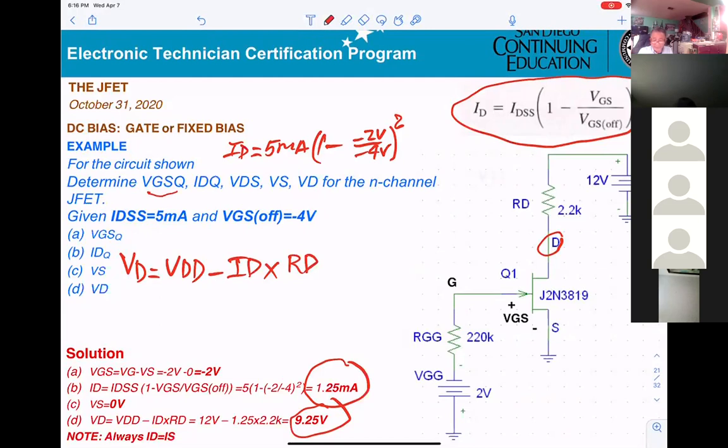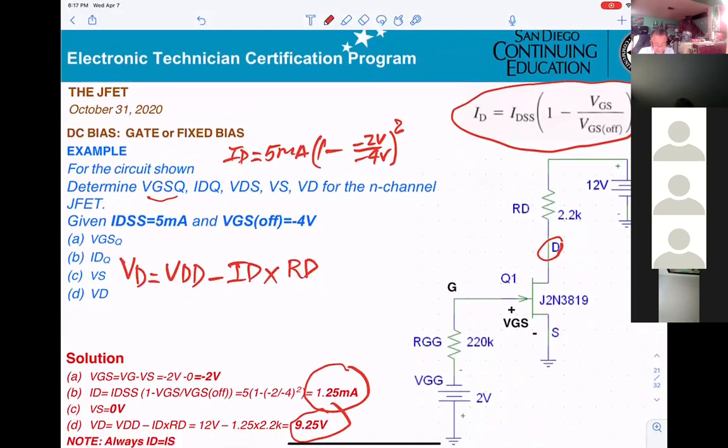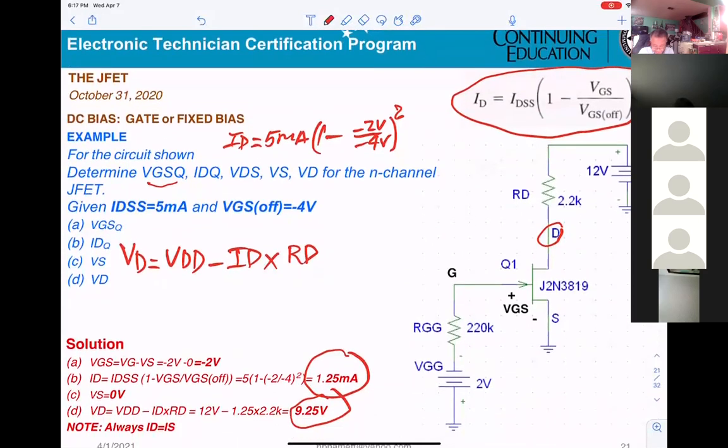So do you have any question on this calculation? I have one for VG, and this is a bit farther back. How is VG negative 2? It's probably a dumb question, but I'm having trouble with that one.